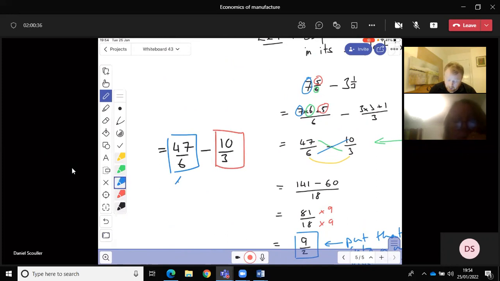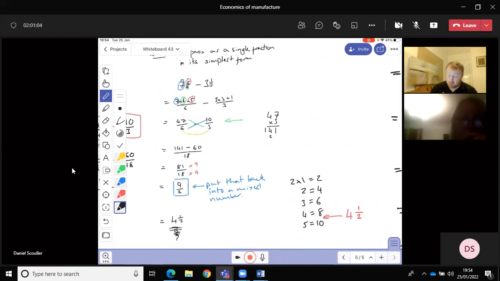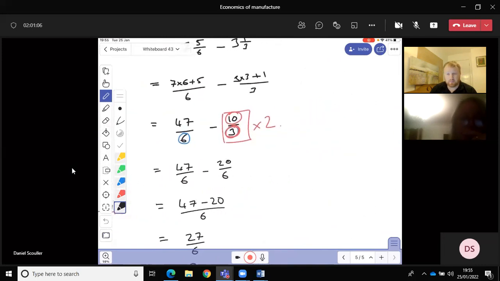So I'm multiplying the top and the bottom by 3. If you think about it, okay, give me, what was that? 141. And then because of the same denominator, I can write it like that. Okay, so you don't have to multiply both, essentially, in this case.